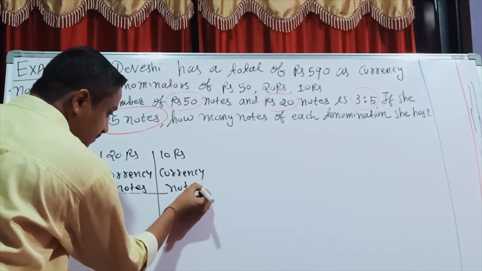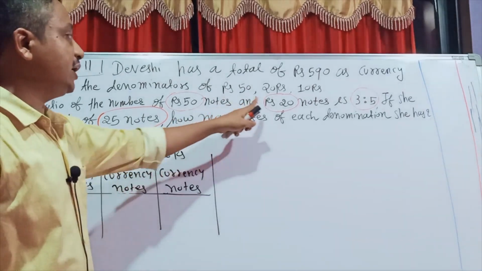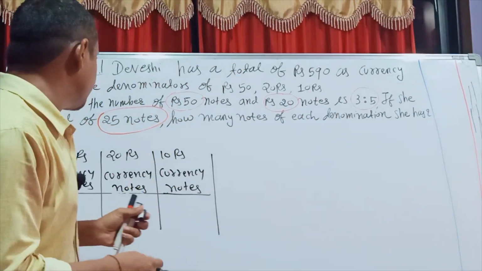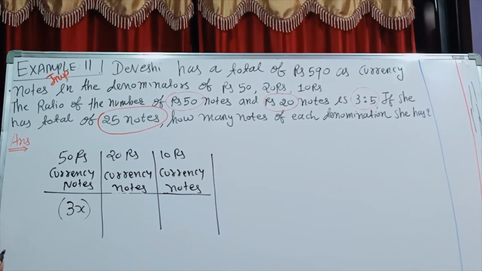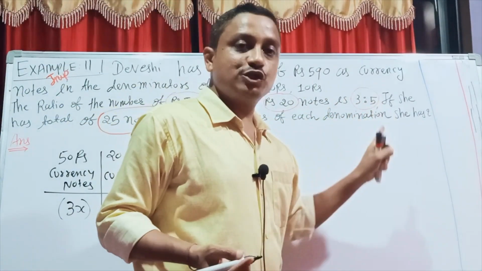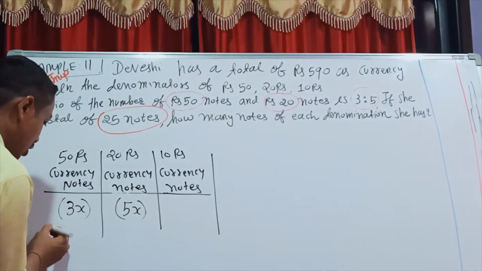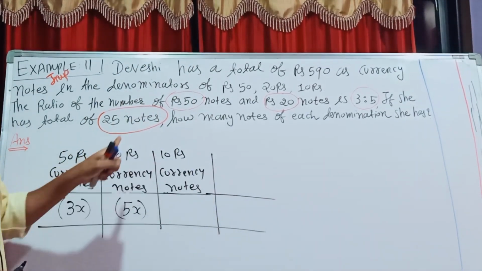Now students, read the question. The 50 rupees and 20 rupees ratio is given as 3:5. It means for the 50 rupees currency you assume 3x, and for the 20 rupees currency you assume 5x. But how many total notes are given? Total notes given are 25.